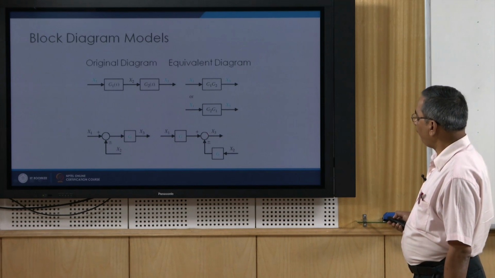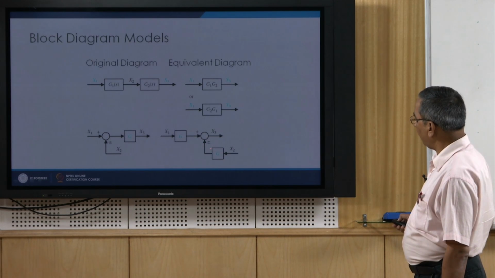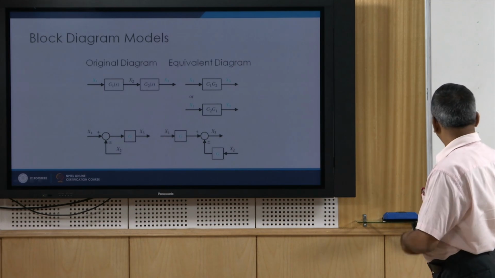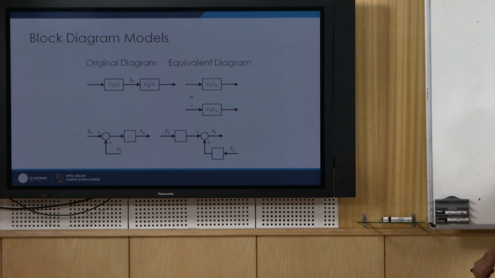If I do this, then I have to create one additional block with the transfer function g, and we can see the equivalence of both the blocks, that is the original block and the reduced block.